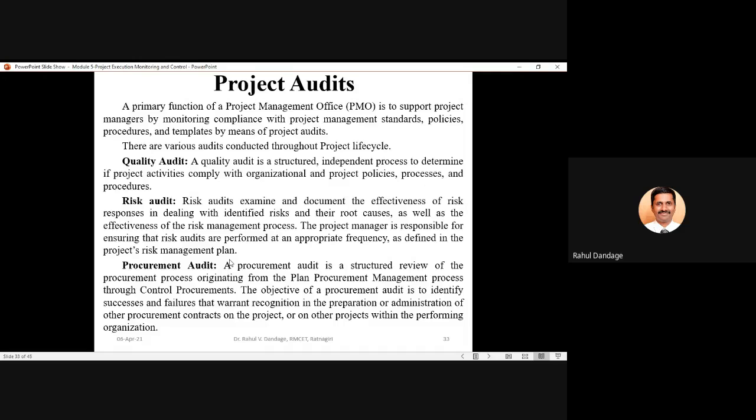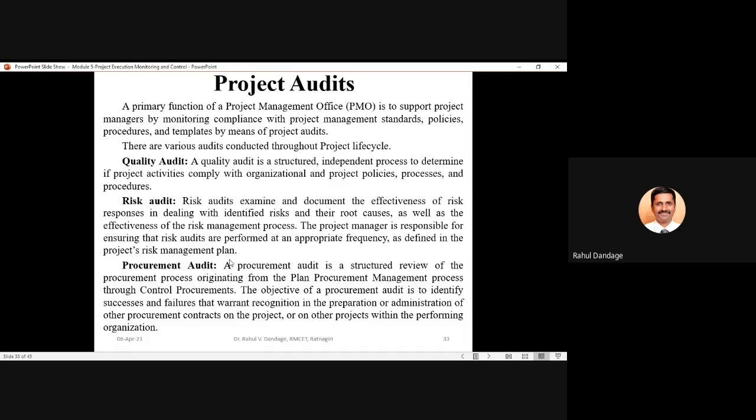After every cycle, the risk audit must be performed, so that the project manager will be assured that the risks coming into your project life cycle, the risks which are adversely hampering the project objectives, have been responded to appropriately and the effectiveness of these responses is good. To know the effectiveness of these responses, we should go for risk audit at regular frequency.